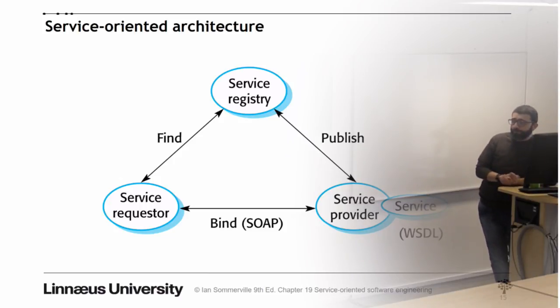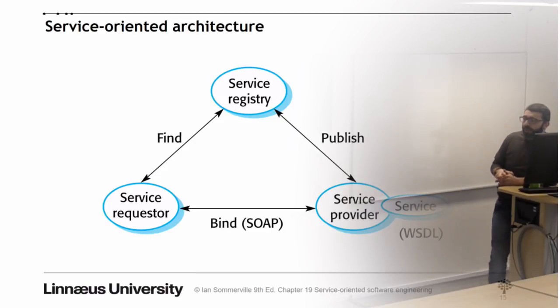And then the service requester, which means the service consumer, can select among all the services available in this list the one that best fits his needs. For example, the one that is closer to my location. And then I can bind.